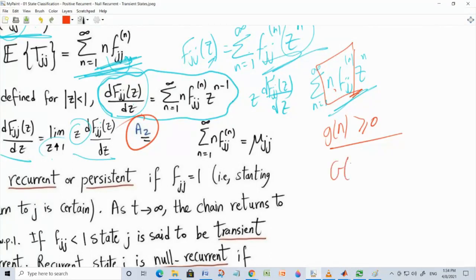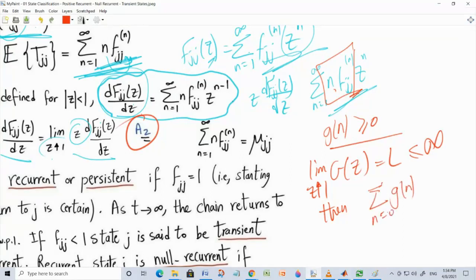We have this rule that if you take the limit of the generating function as z goes to 1, and this is equal to L, where L is allowed to be plus infinity, then we are sure that the summation of g of n is equal to L. If this limit is infinity, this is infinity. If this limit is a finite number, this is a finite number.